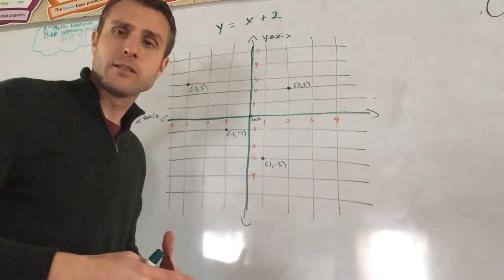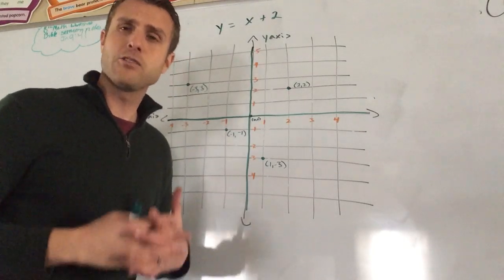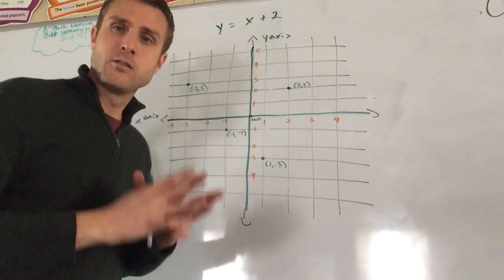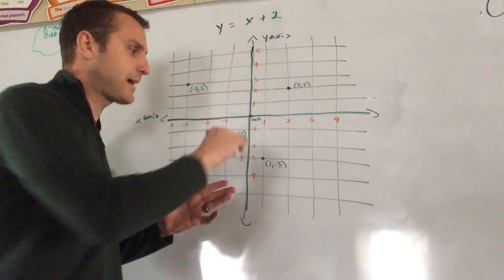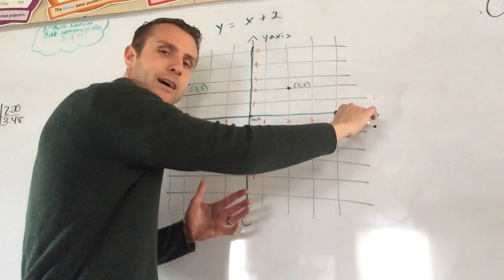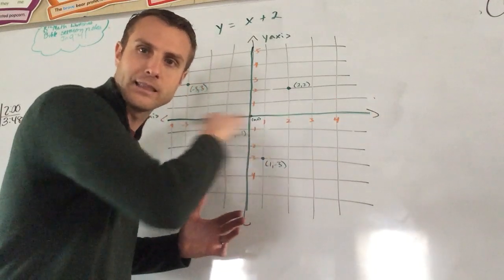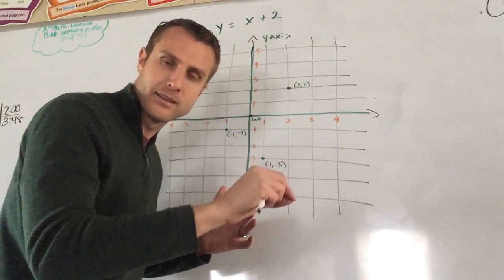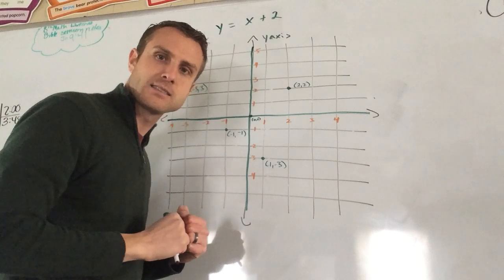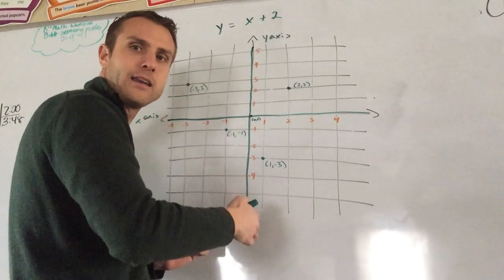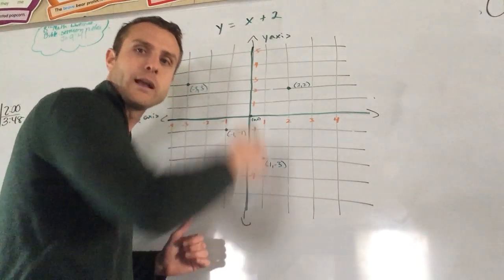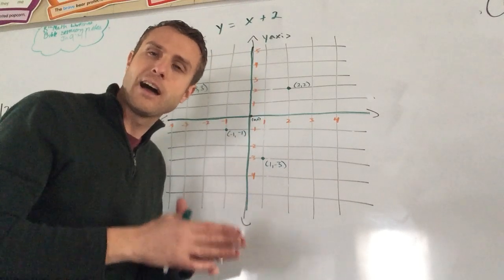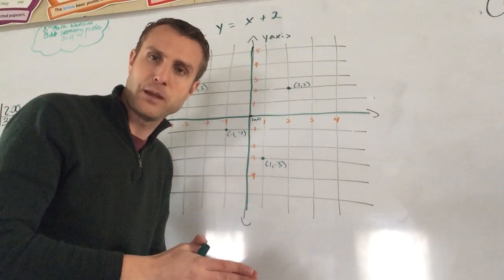So in order to graph a line, you need to first understand how your graph paper works. Remember, first step is you want to draw your x-axis on a horizontal line, left and right. Darken in that line. Label it the x-axis. Then in the middle of that line, darken in a blue line that's going up and down. You want to use the lines that are already on your graph paper.